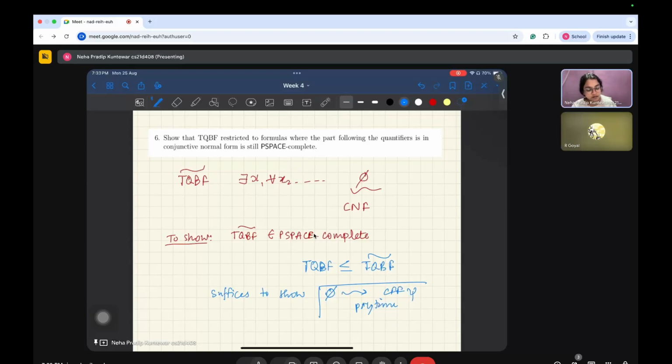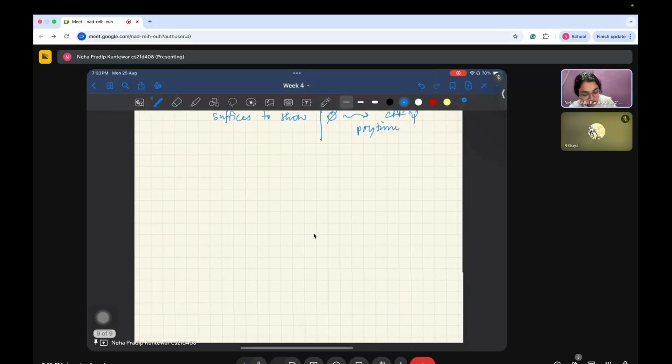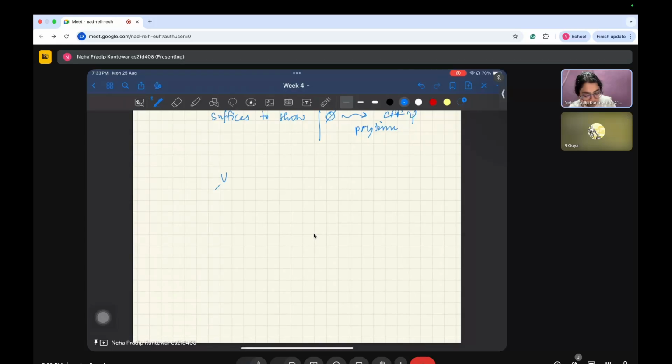So what we did that day was we looked at the depth restrictions, no? The conjunctive normal form would mean that this is the AND of the ORs, and the DNF would be the OR of the ANDs.